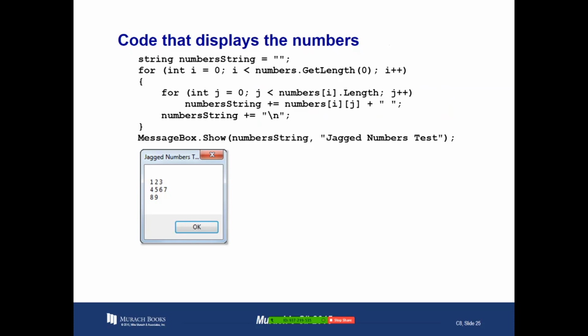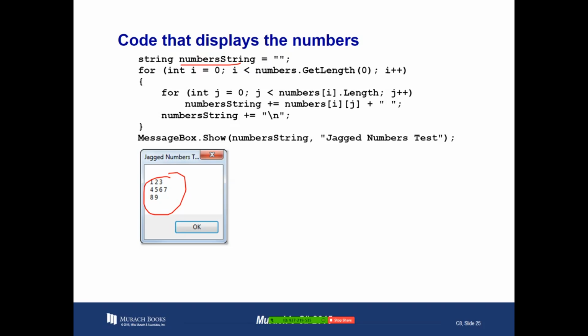So here's something that would display the numbers array, the jagged array of integers, not numbers. So first we declare this string, which is going to collect it all and display out right here.